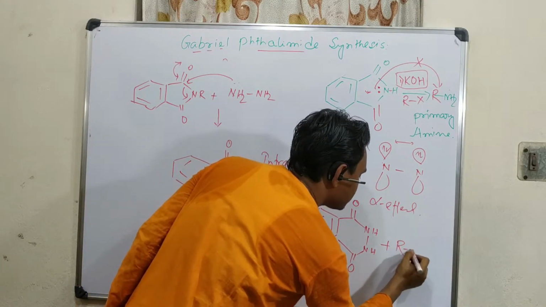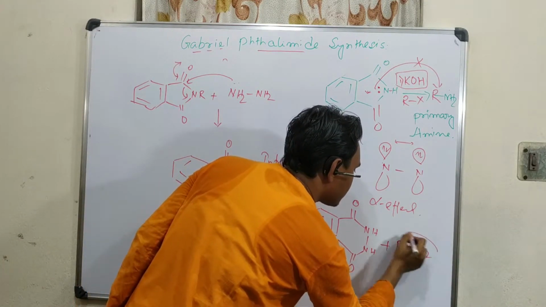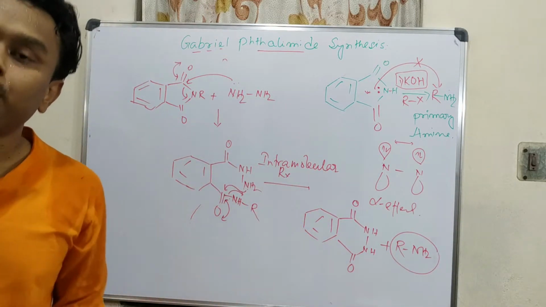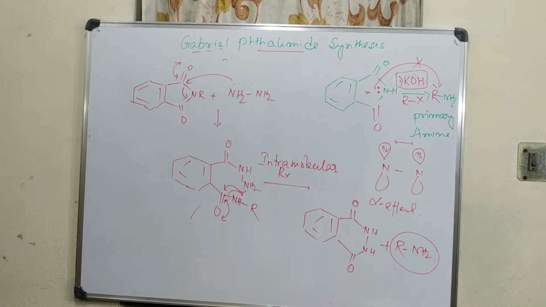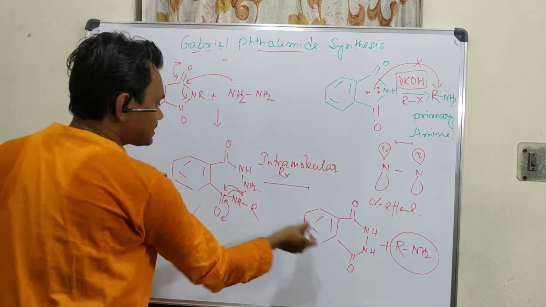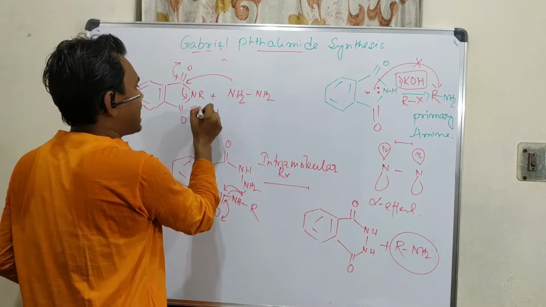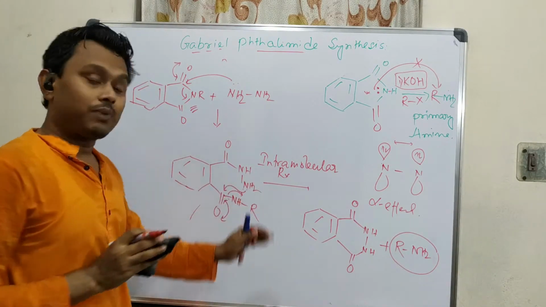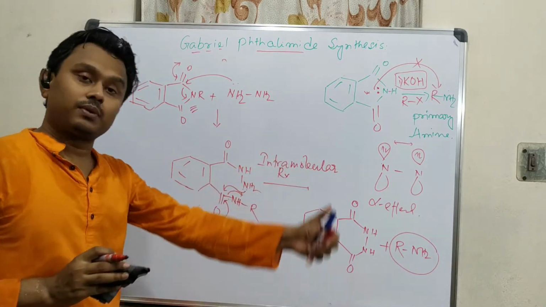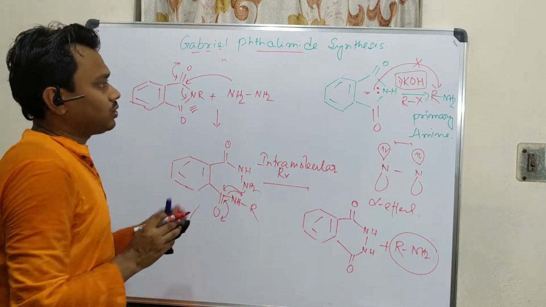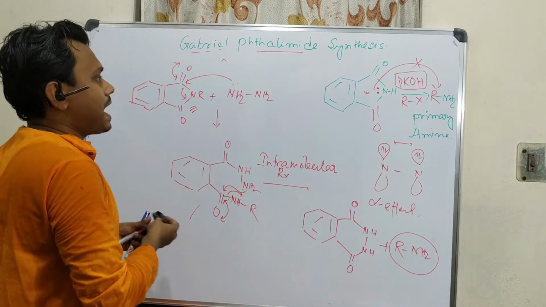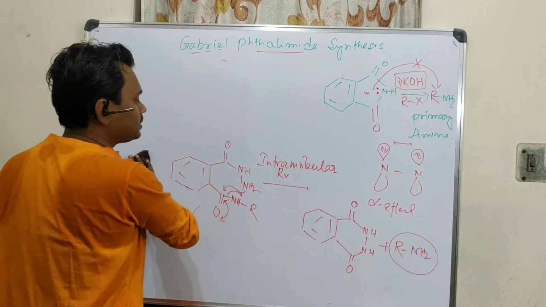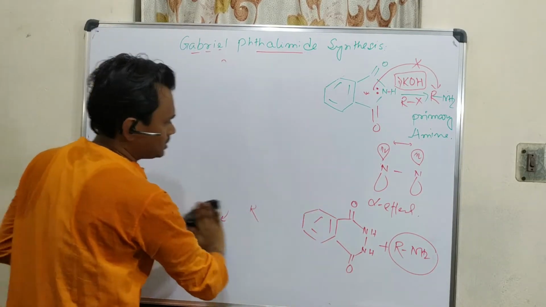Plus primary amine. So this process is easier compared to the base catalyzed hydrolysis of this alkylated phthalimide. That's why this pathway is followed, because the hydrolysis is difficult. So this is actually the main theoretical discussion of this Gabriel-Phthalimide process.